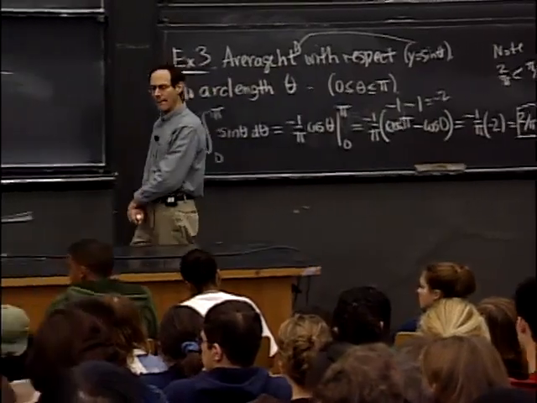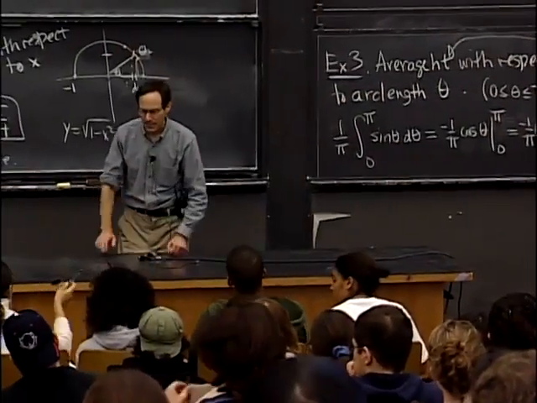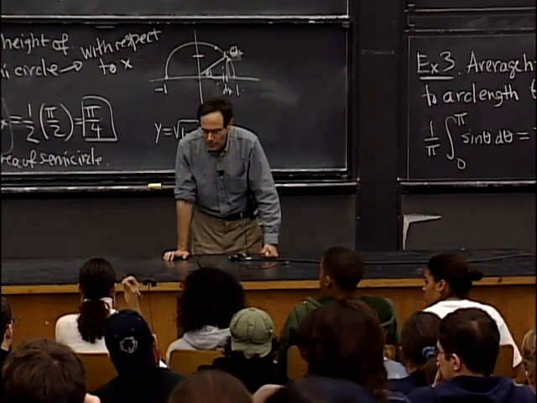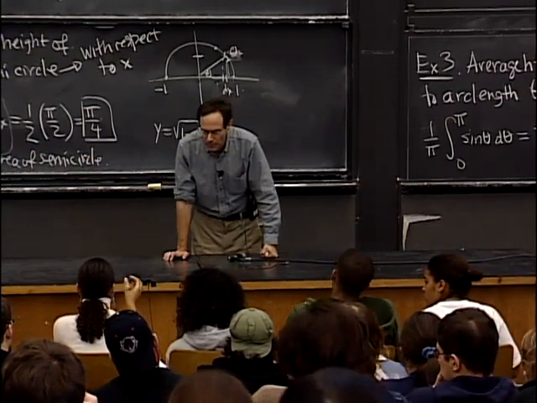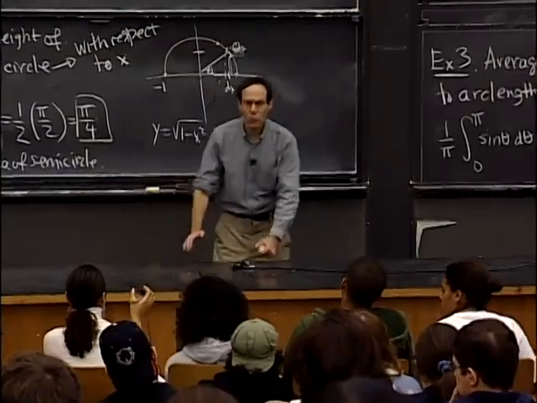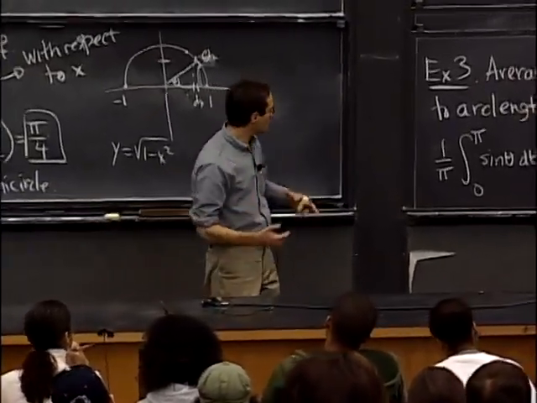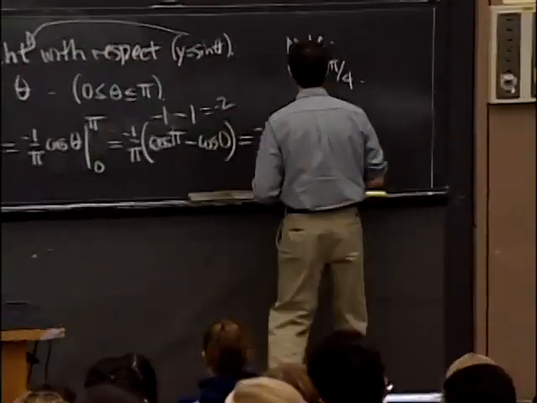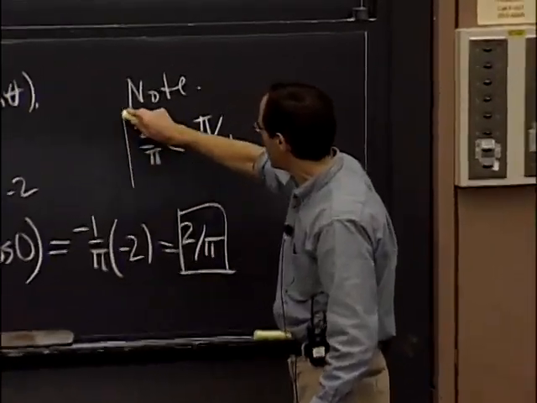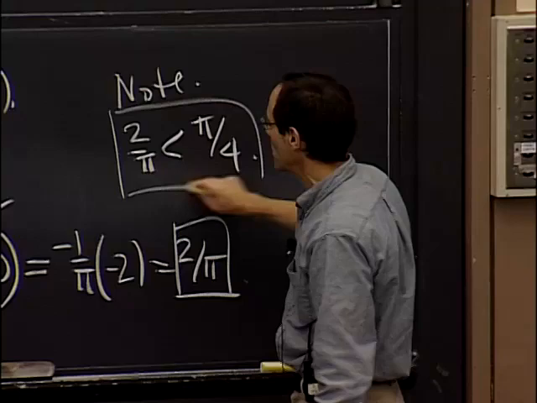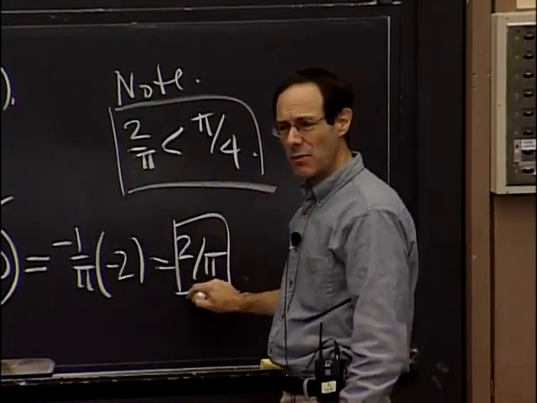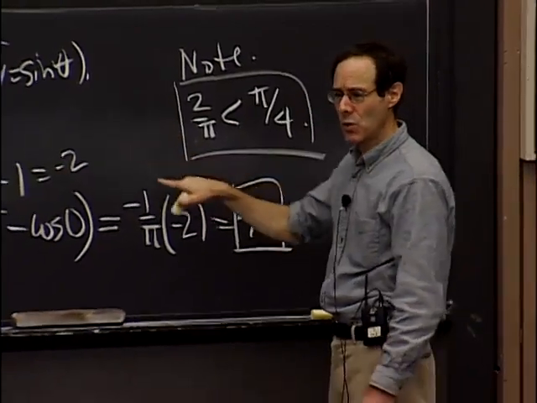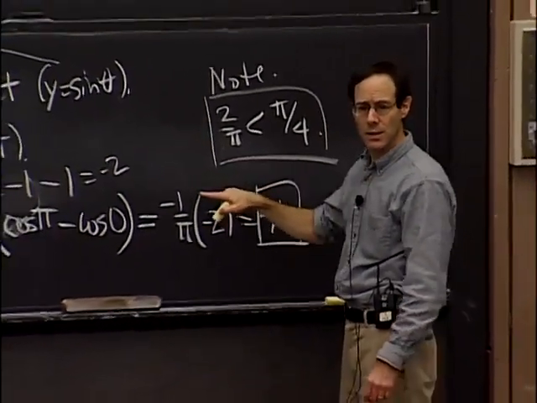So I heard your explanation for why this value should be smaller than the one we got in the previous, but I don't think I quite understood the logic behind it. Could you just repeat it briefly? All right, let me repeat. So the question was to repeat the reasoning by which I guessed in advance that probably this was going to be the relationship between the average value with respect to arc length versus the average value with respect to this horizontal distance.